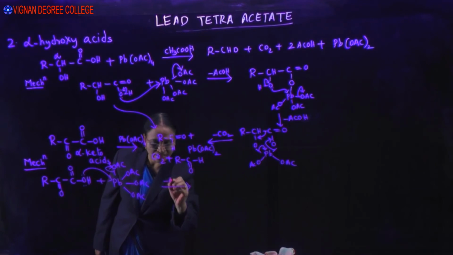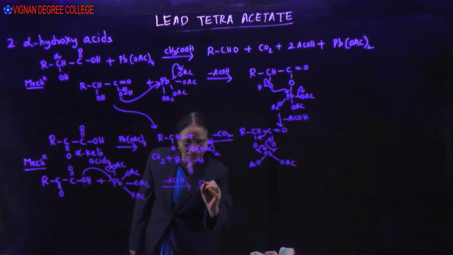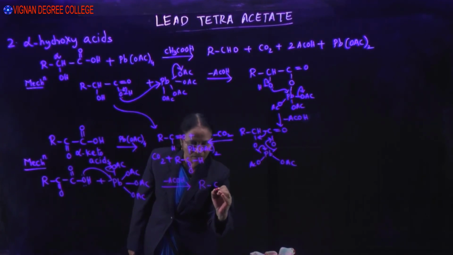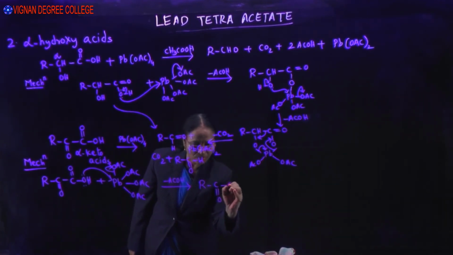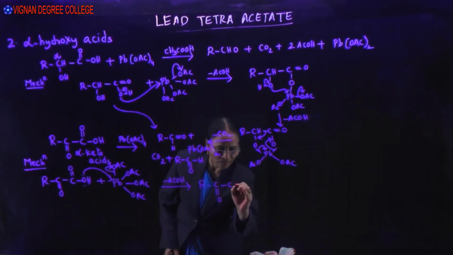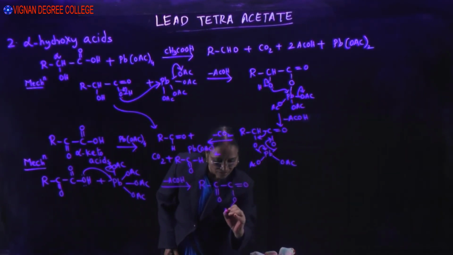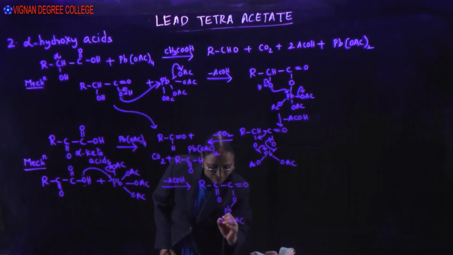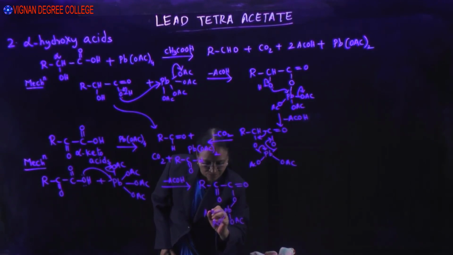So acetic acid is eliminated, forming R, C double bond O, C double bond O, O and lead with 3 acetyl groups. Okay.